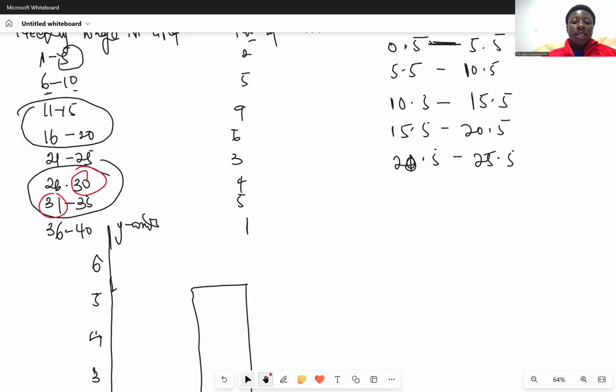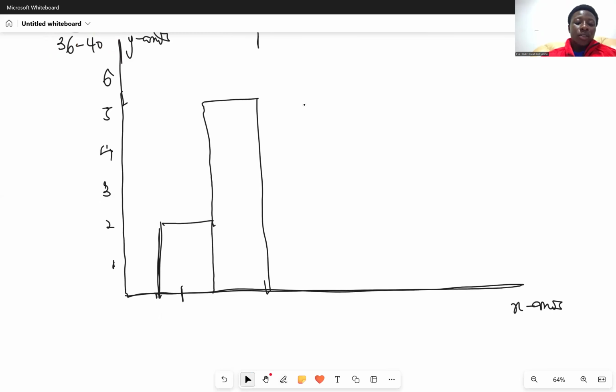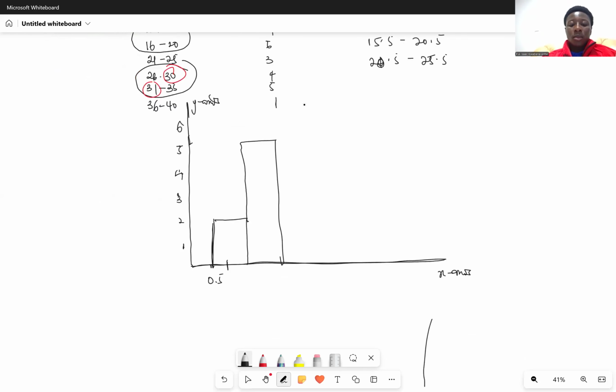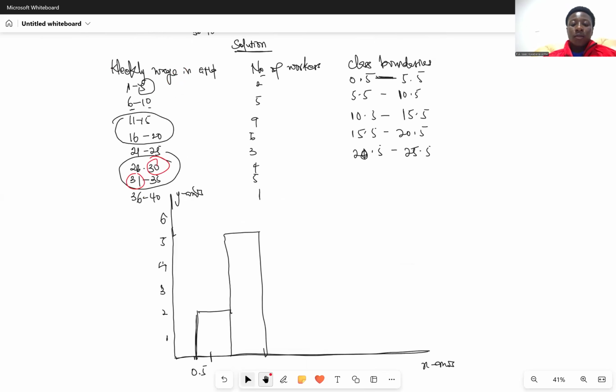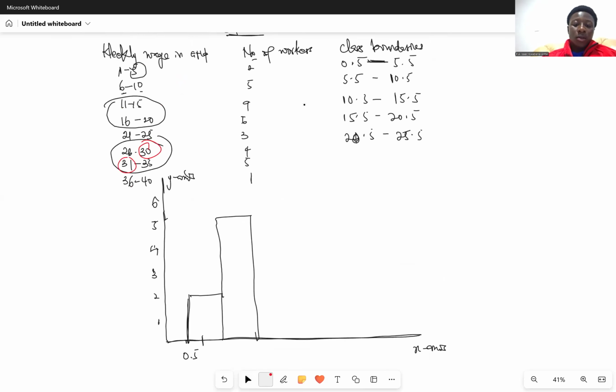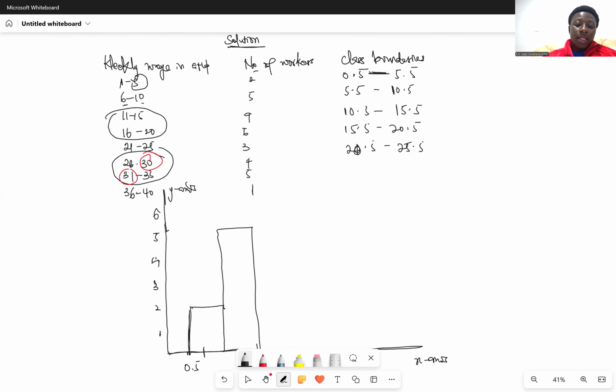So here you write 0.5. You write it on the feet, so 0.5 to 5.5. You see that the next one is already 5.5, so you maintain it there.